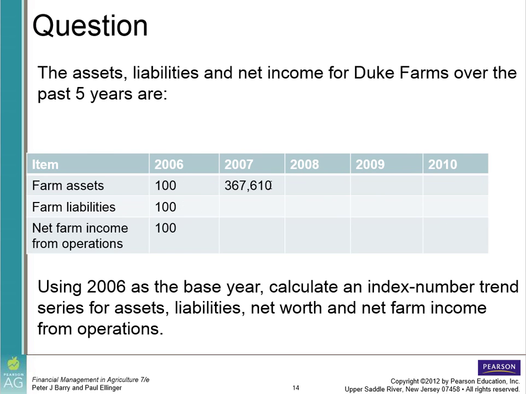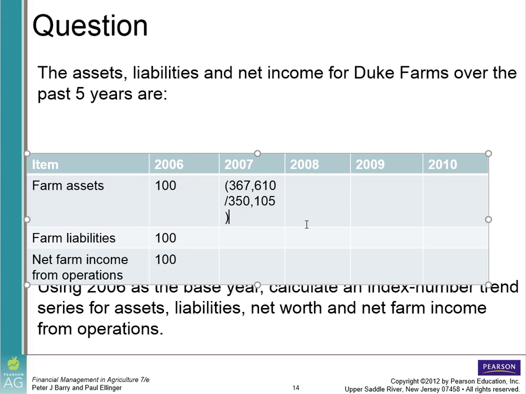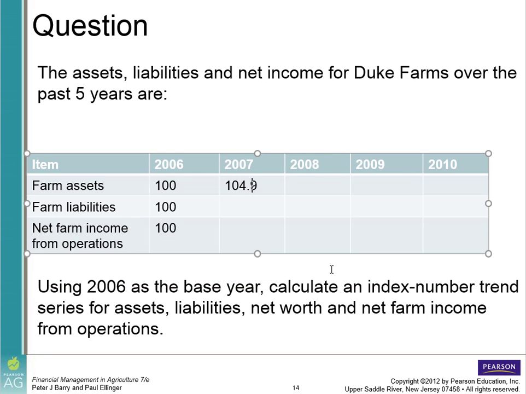So in the denominator you're going to get 350,105, and then you simply multiply it by 100. So it's 367,610 divided by 350,105 times 100. Whatever this value is, that is what your index says. So this number is 104.9.